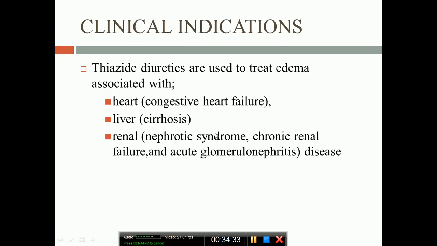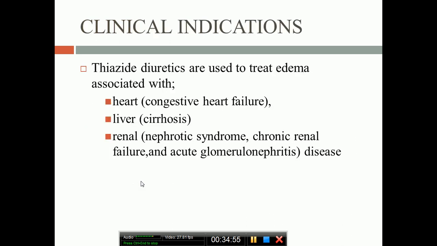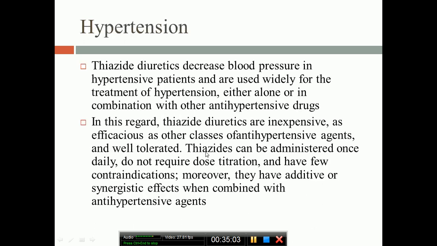We have already seen that in certain renal diseases, some patients are put on thiazide diuretics, but if the renal clearance is less than 30 ml per minute, then thiazide diuretics become ineffective. That was the edema associated with CHF, cirrhosis, or renal disease, same as loop diuretics.